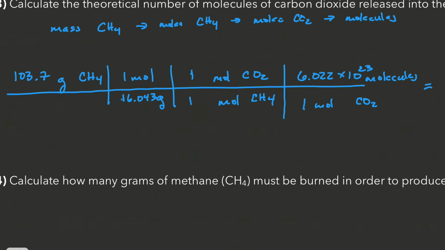So 103.7 divided by 16.043 times 6.022, and I get that the answer is, I'm going to write it down here just because I already have it, 3.89. Let's check sig figs. I was given 4, 103.7, so I need 4, 3.89. Ooh, here's a good example. It's 3.893 times 10 to the 24th.